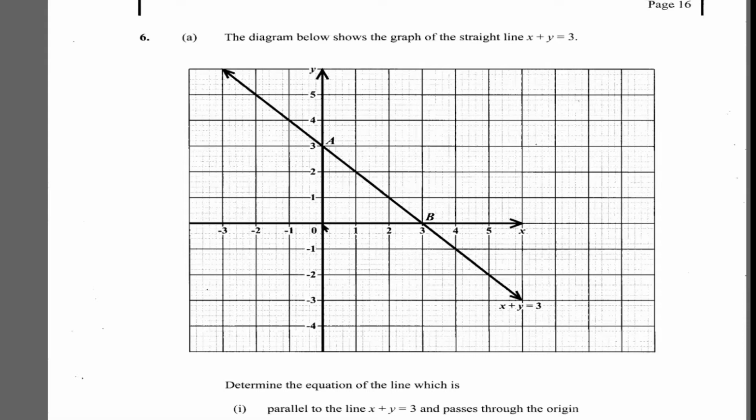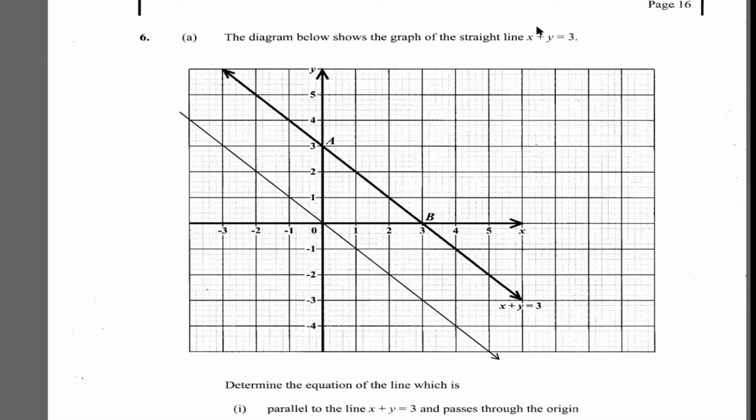So the parallel line will look something like this. This will be the parallel line, all right? So this is a line that's parallel to this line, but passes through the origin, and they want the equation of this line.